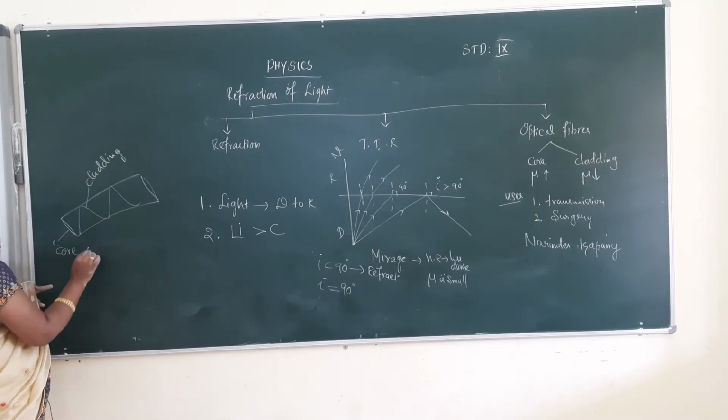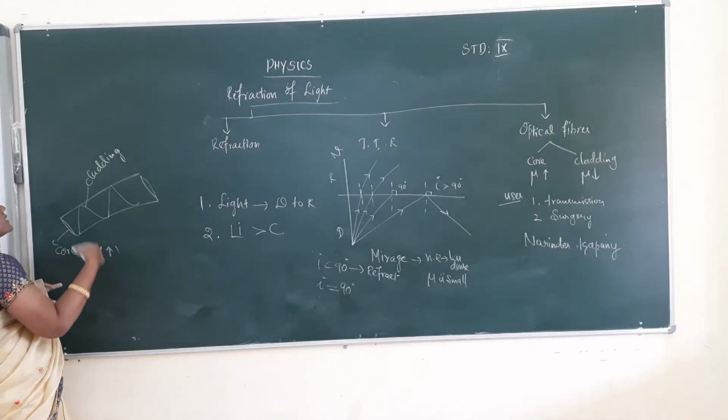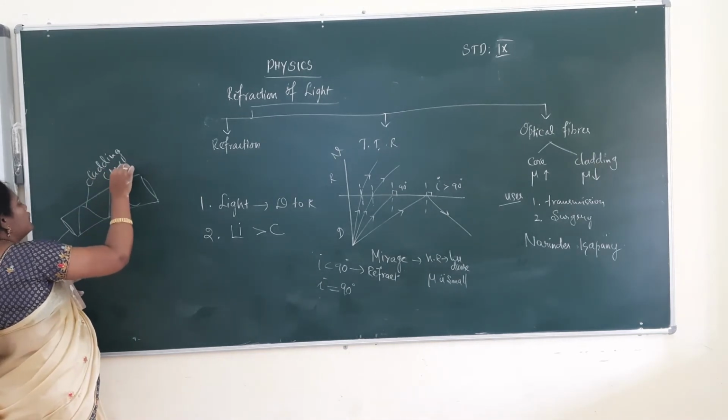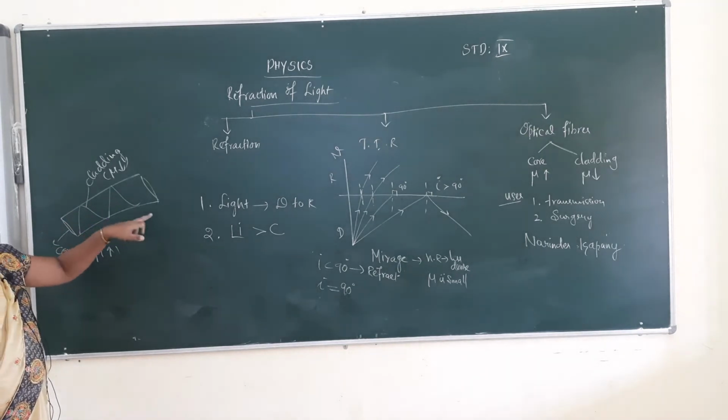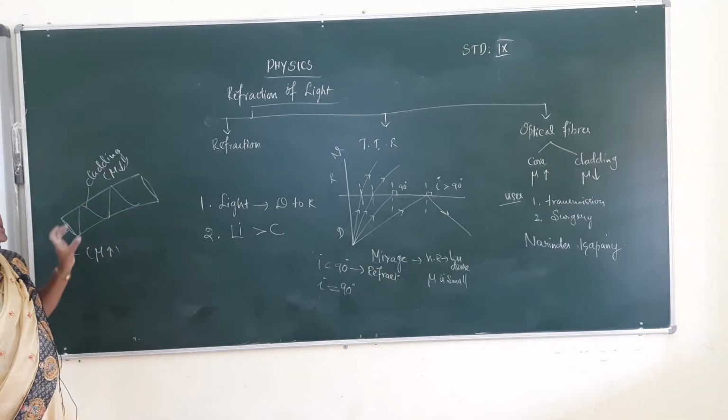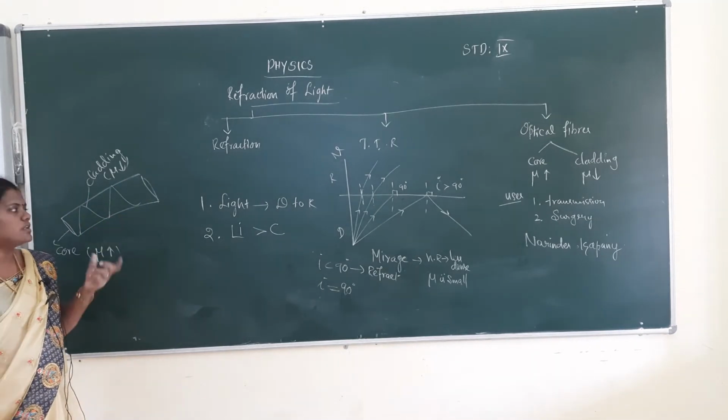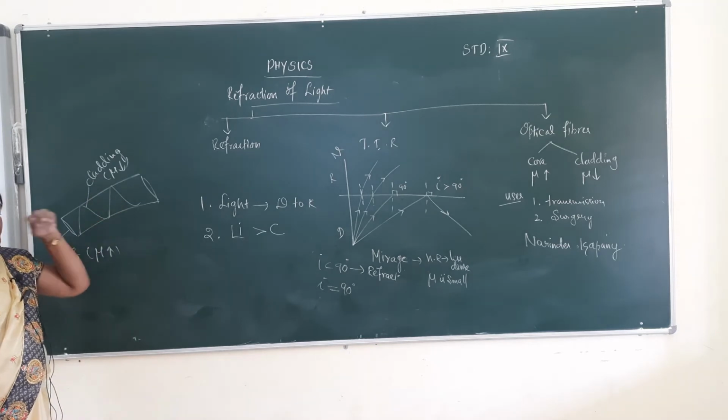The core has a high refractive index and the cladding has a low refractive index. The light is passed from one side, and the light is totally internally reflected.